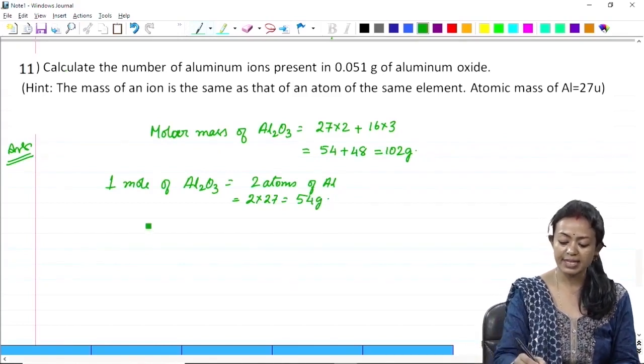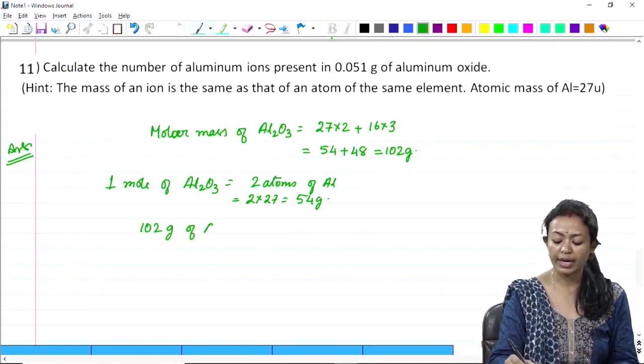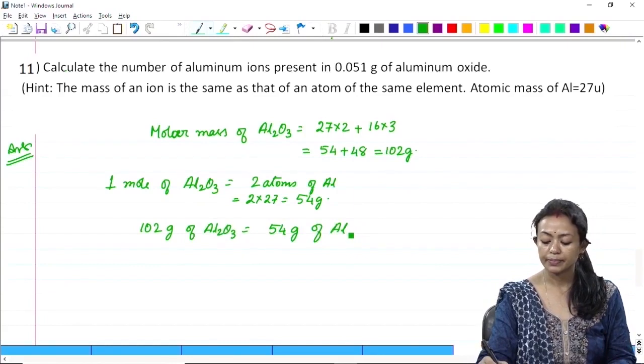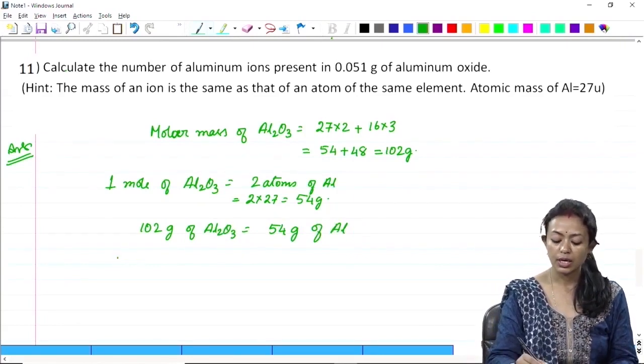So this implies that 102 gram of aluminium oxide contains 54 gram of aluminium. Alright. So what is given?